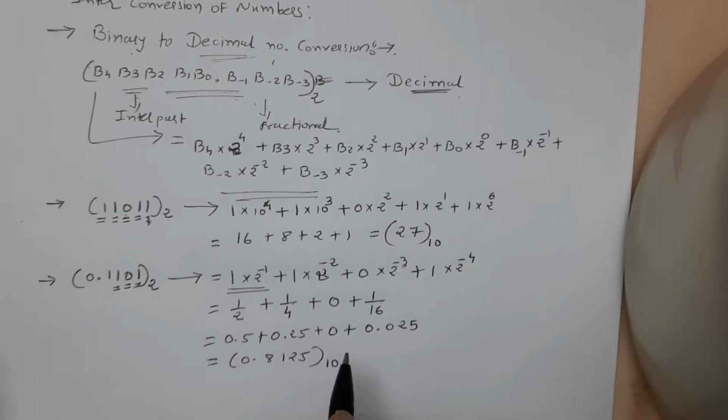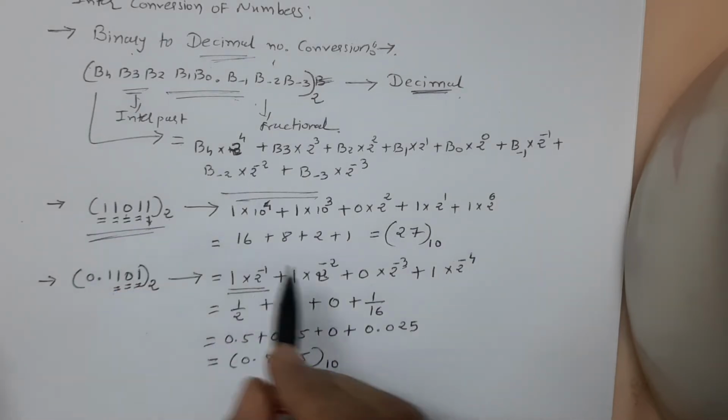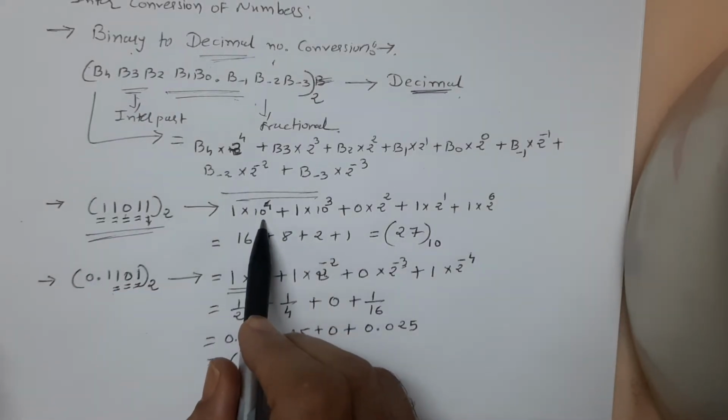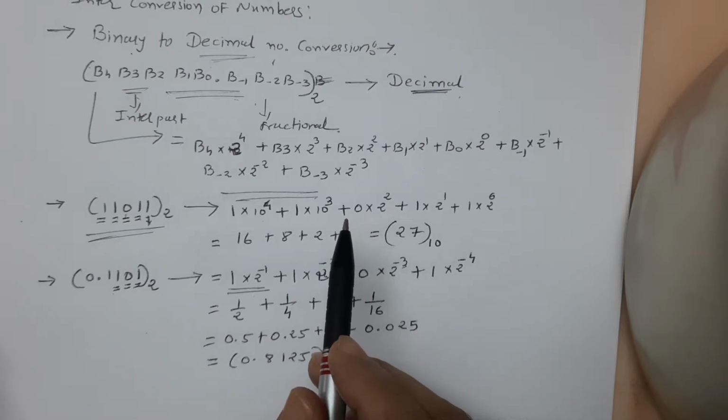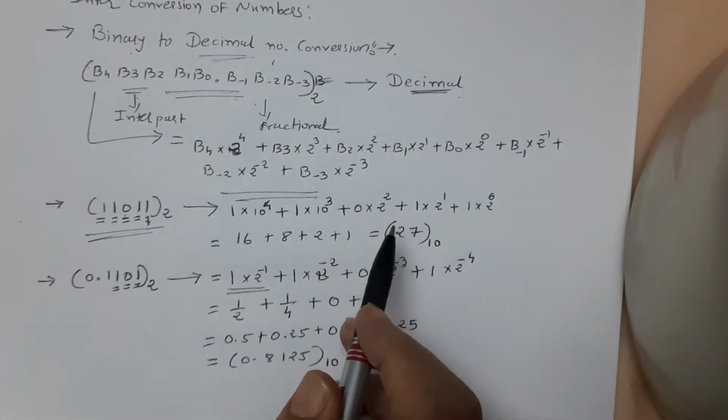So in this way, the integer number we convert by multiplying by positive powers of 2, up to 2 raised to 4.